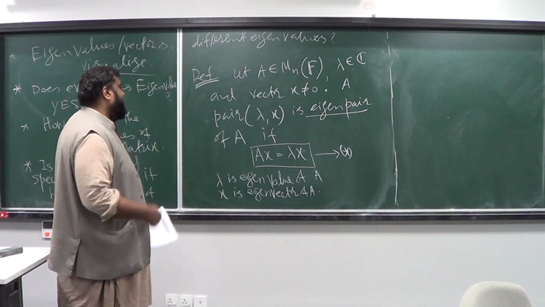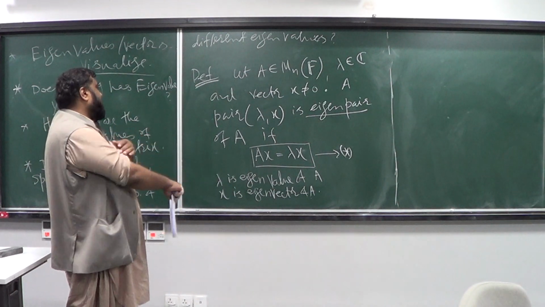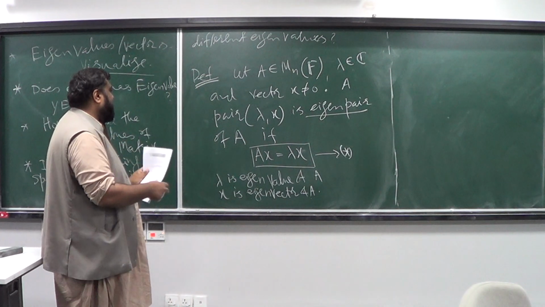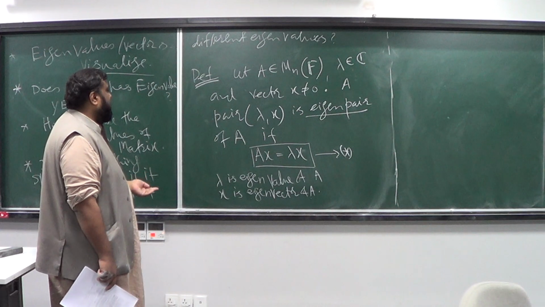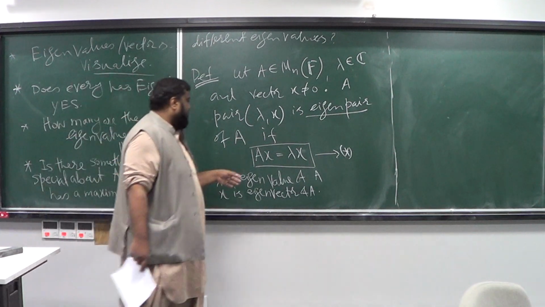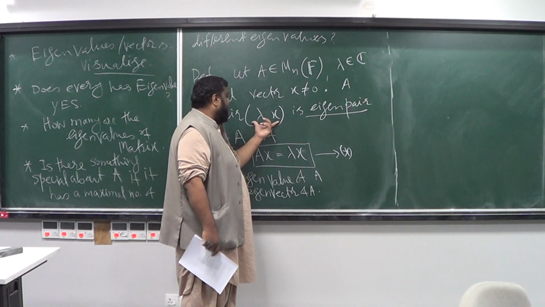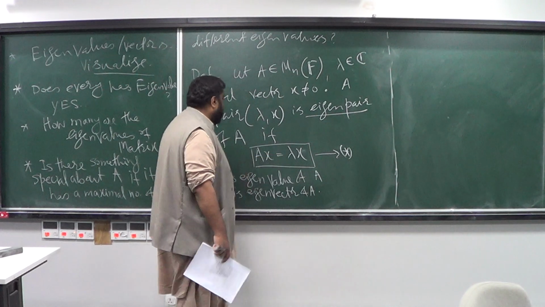Now you can interpret equation star in several different ways. So eigenpair, lambda x is a pair for which Ax is lambda x. So what would be the interpretation of Ax?